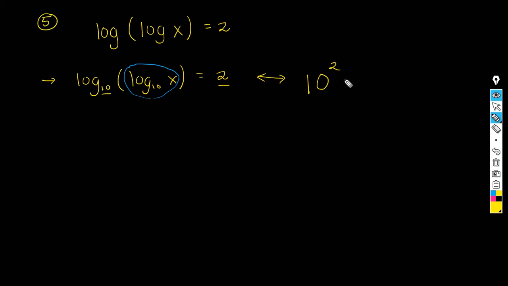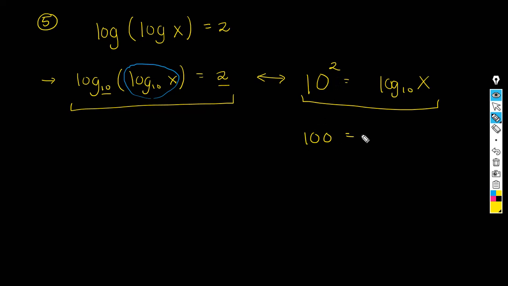And I'm going to write precisely that. 10 to the 2 equals circle. Okay? But what was circle? Circle was logarithm base 10 of x. And let's continue with this equation because it's completely equivalent to this one. 10 to the 2 is 100 equals logarithm base 10 of x.